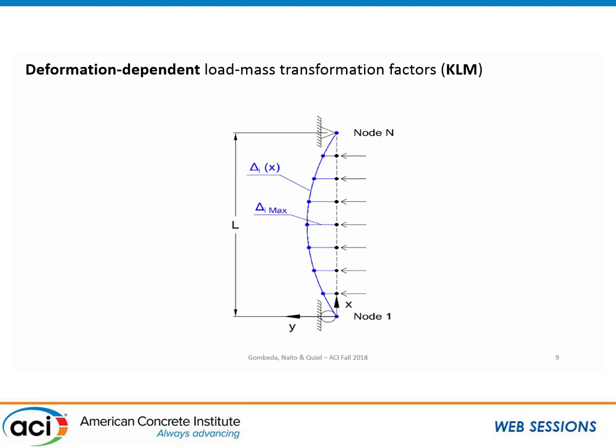KLM is going to change when you crack, KLM will change after yield, things like that. And again, we've incorporated into the model a way to take a more complicated component-based model and transform it back to being compatible with SDOF. That's what this KLM allows us to do, is incorporate that spread of plasticity, spread of damage, and it remains consistent within the mechanics of the approach.